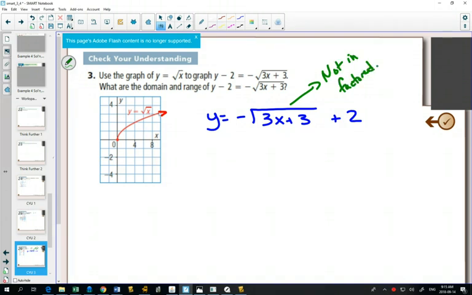When we have a horizontal compression and a horizontal translation, we always have to write it in factored form. So what does that mean? It means that inside here, I'm going to factor out the 3. That changes this to x plus 1, plus 2.